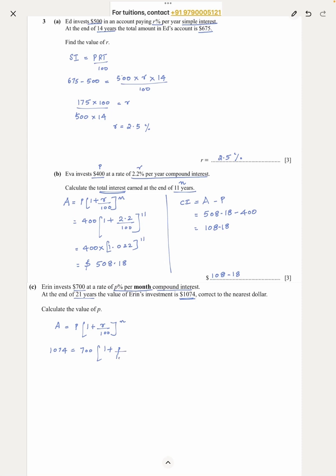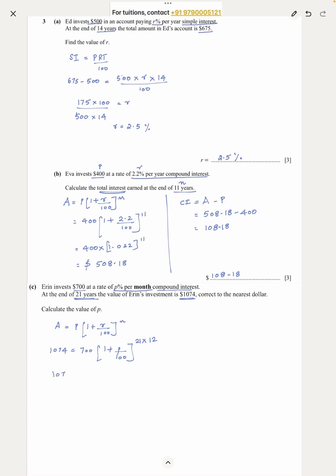So let me take it down to the power 21 years, 21 years into 12, because this principle has been compounded every month after every month. So n has to be multiplied with 12.